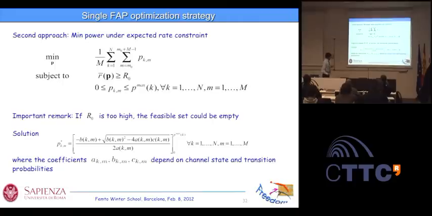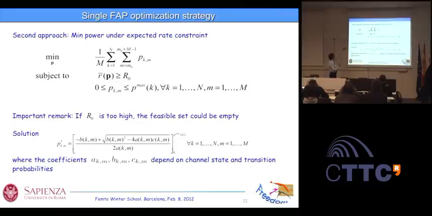In that case, we considered the rate maximization under a power constraint, but in femtocells, it might be even more interesting to consider the opposite problem, the one where you impose a minimum rate constraint and you want to find the minimum power necessary to guarantee that rate.